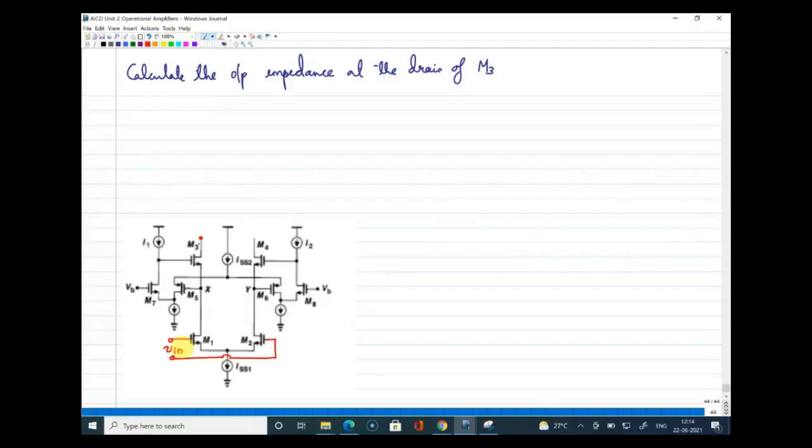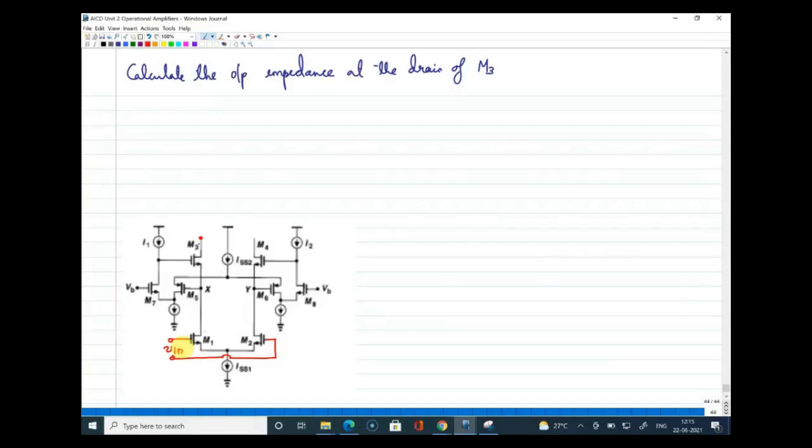Yes, Yashita, you can take the half circuit and see the output. Before analyzing, can you identify that there is a main amplifier and there is an auxiliary amplifier? And if yes, can you tell me what the main amplifier is here and what the auxiliary amplifier is here? Yes, Avinash, I saw your response.